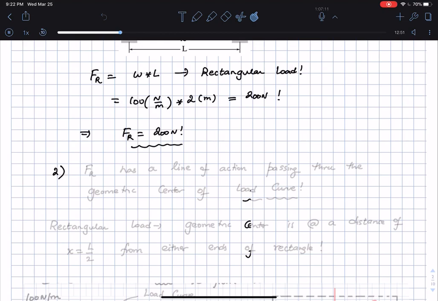I'm just taking them as a matter of fact, and I'm saying that FR has a line of action passing through the geometric center of the load curve.